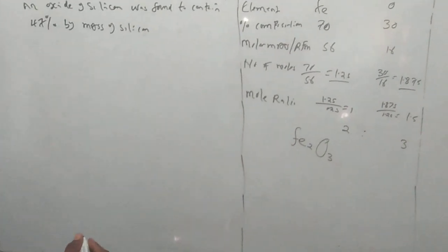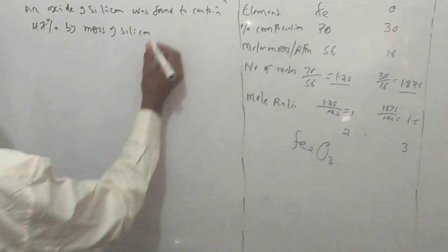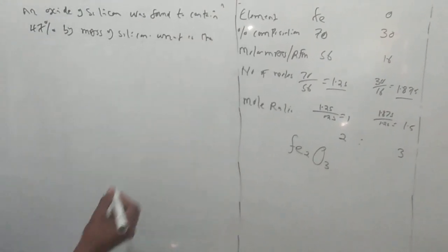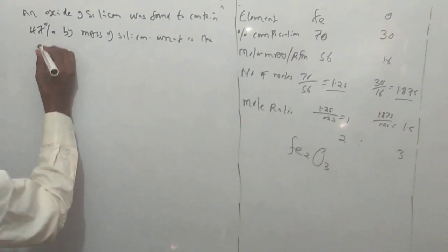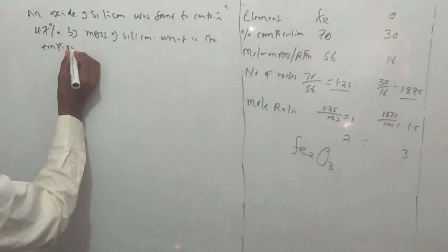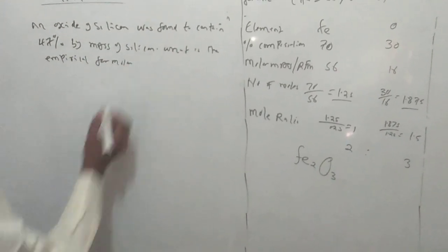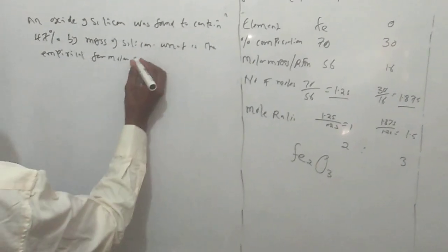What is the empirical formula of the oxide?